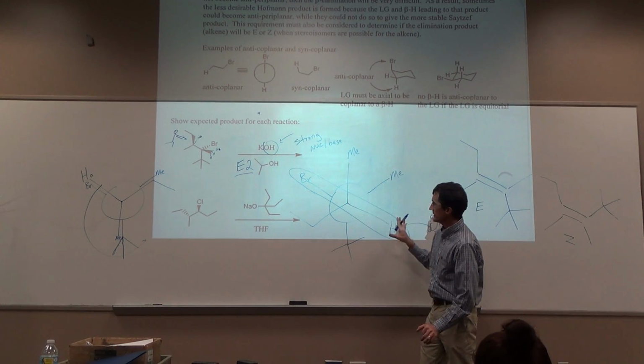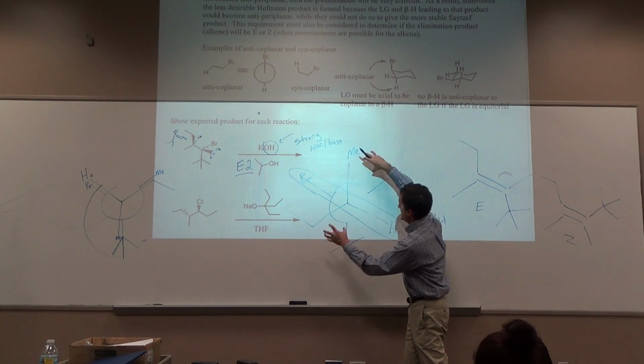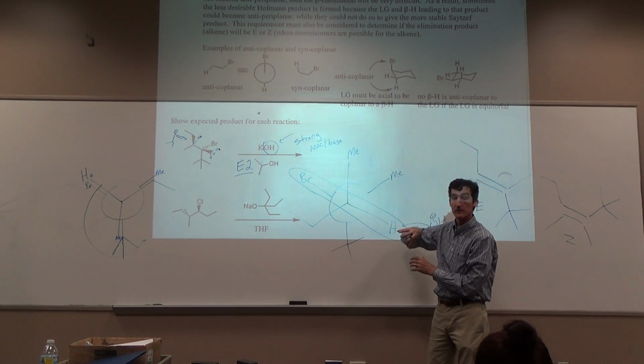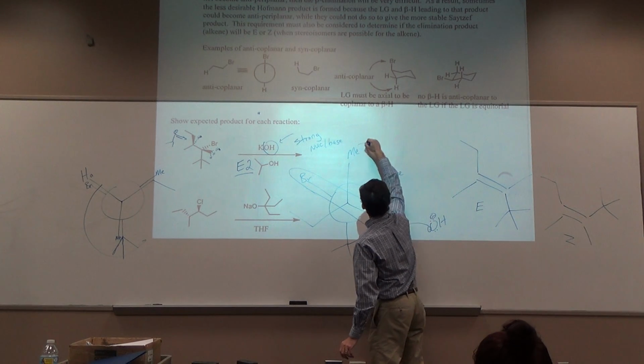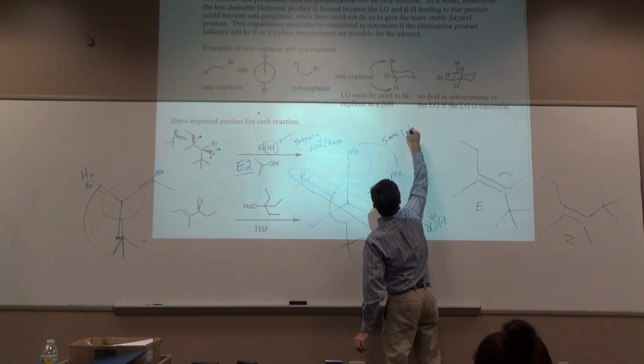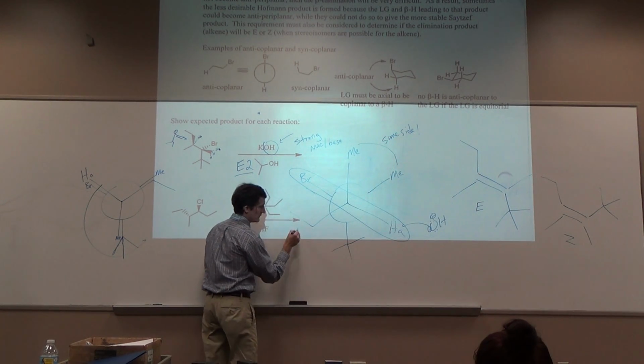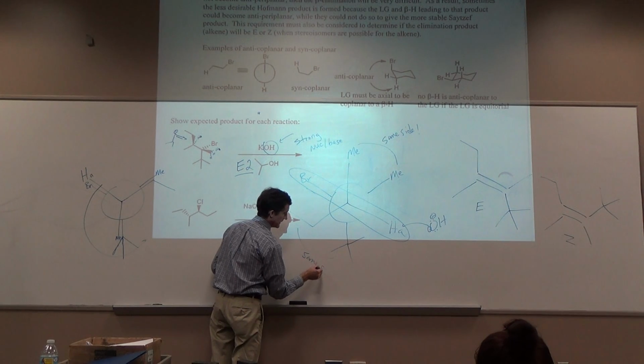And that's all concerted. And when the double bond is put in, these groups are there. That is, the methyls are on the same side, and the T-butyl and ethyl are on the same side.